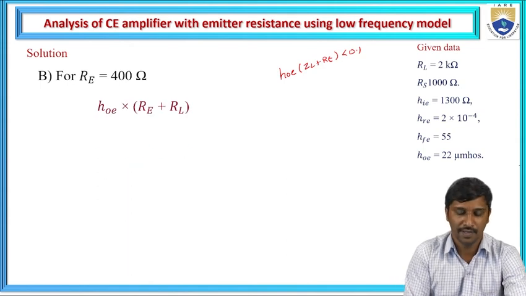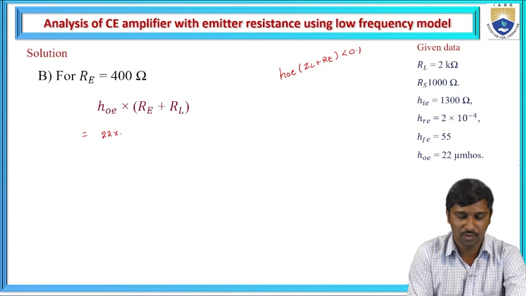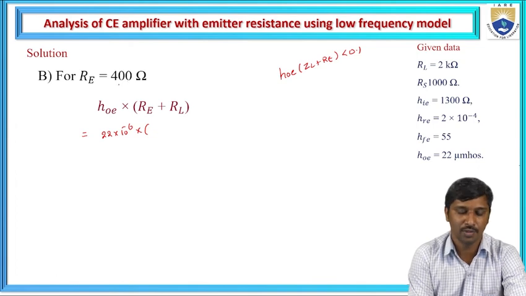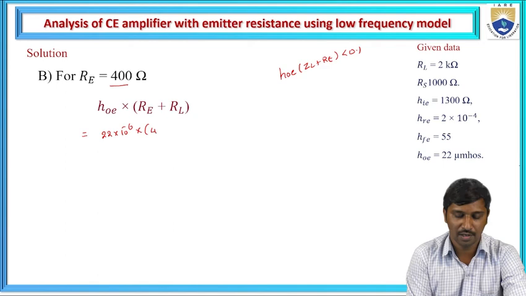Hence, I am going to verify this condition. The hoe value is 22 micromhos, means 22 into 10 to the power of minus 6. In the previous case we considered RE as 200 ohms. Now we need to consider the RE value as 400. So 400 plus RL, which is 2 kilo ohms, means 2 into 10 to the power of 3.